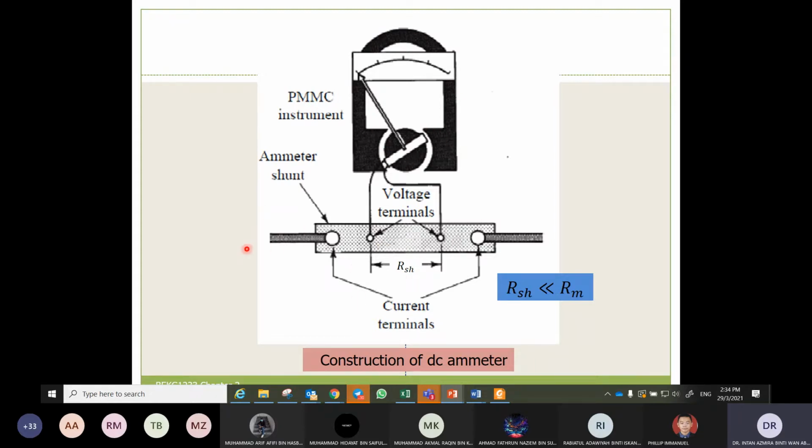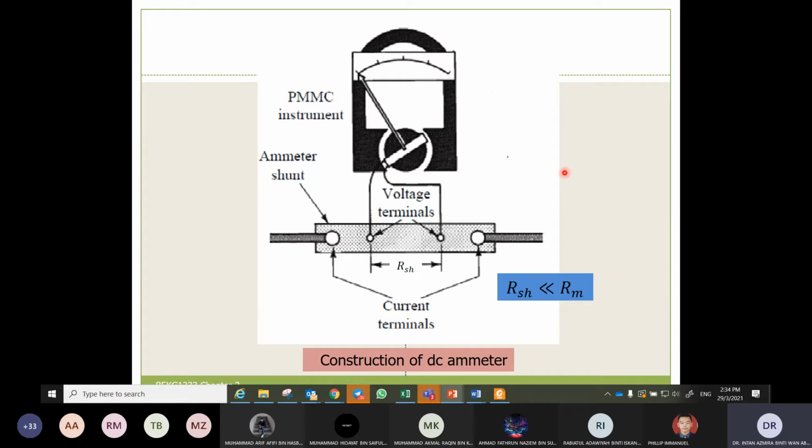Imagine the total current flows from here and divides into I shunt and Im. So Im is smaller than I shunt, but R shunt is smaller than Rm.